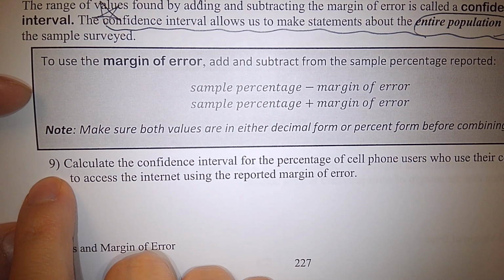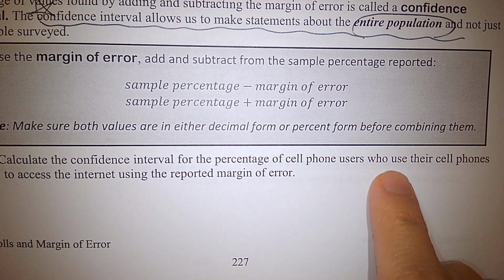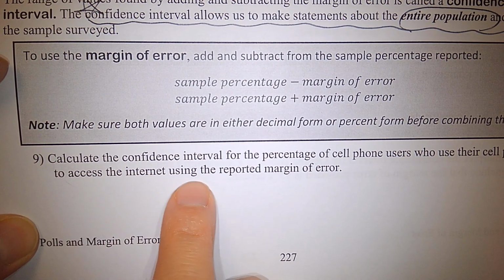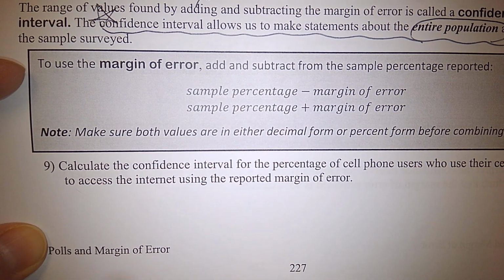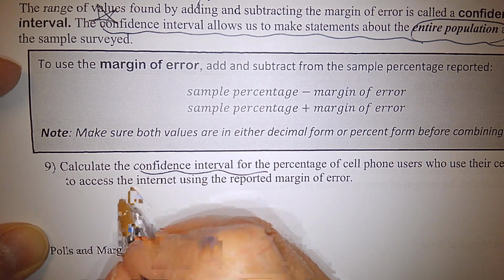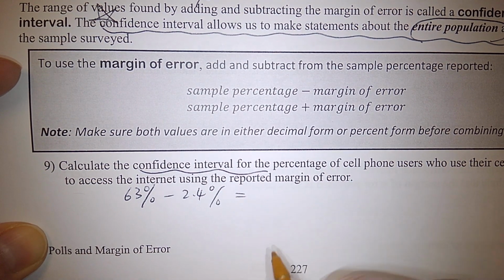Alright, question 9. Calculate the confidence interval for the percentage of cell phone users who use their cell phone to access the internet, using the reported margin of error. So how do we find a confidence interval? Use 63% plus or minus 2.4%.